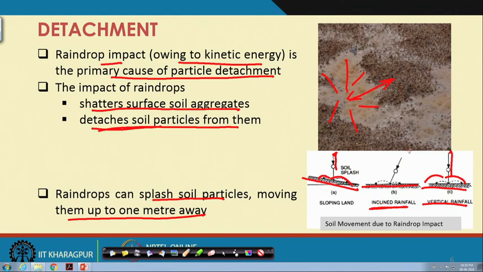So, if rainfall impacts the soil surface at an angle, then because of the velocity components, the splash will be more on one side and lesser on the other side. That will depend on the wind velocity and the angle at which the raindrop is hitting the soil surface.